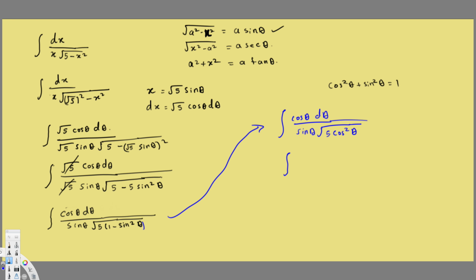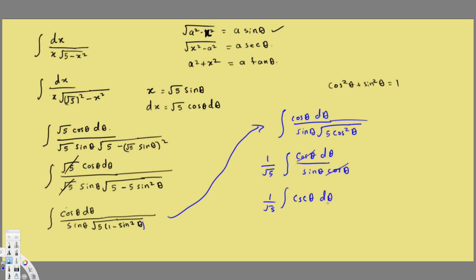I can bring the 1 over root 5 to the front, so it's going to be 1 over root 5 cos theta d theta over sine theta cos theta. Now cos theta cancels, we are left with 1 over sine theta, so 1 over root 5 integral of 1 over sine theta, that is cosec theta d theta.